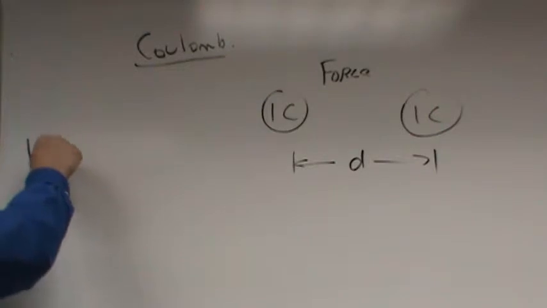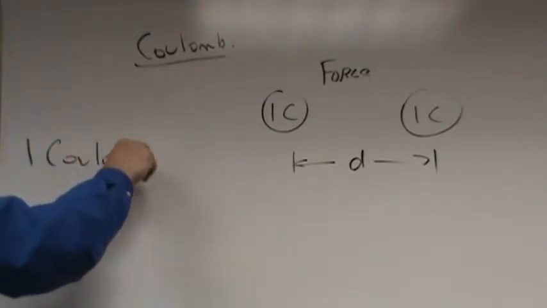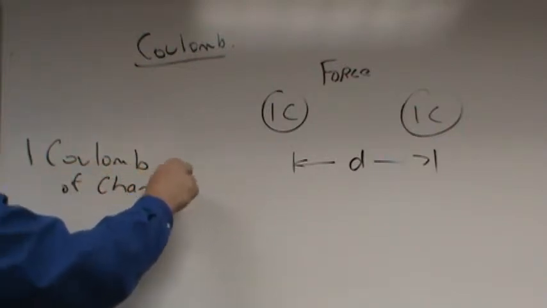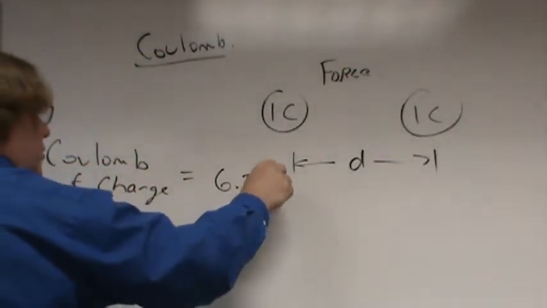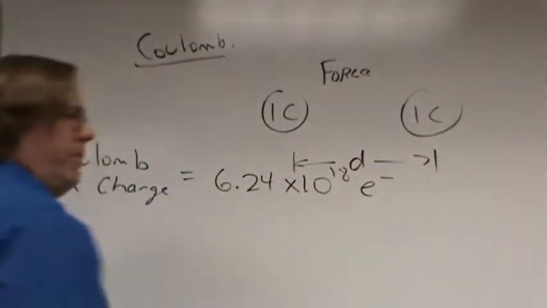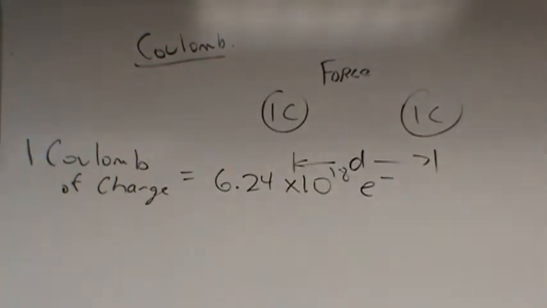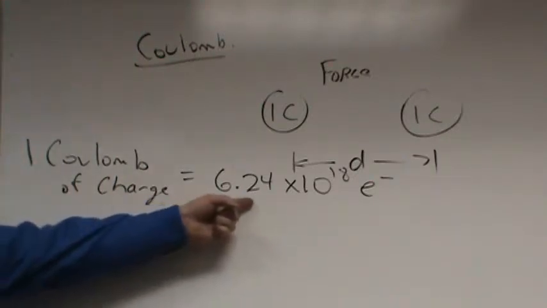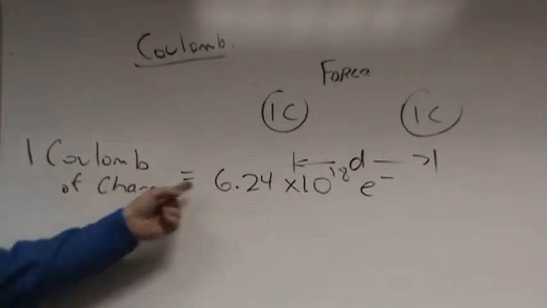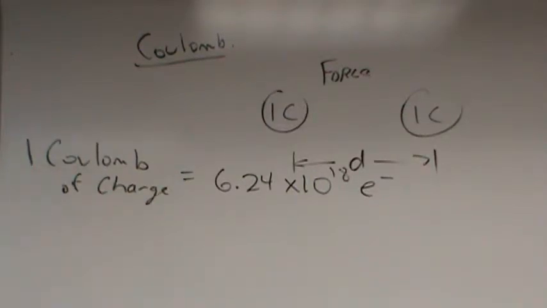It turns out that one Coulomb of charge ends up equaling approximately 6.24 times 10 to the 18th electrons, because later we did the Millikan oil drop experiment and found that the smallest unit of charge is the electron. But we do not use this as our conversion factor because the Coulomb came first.